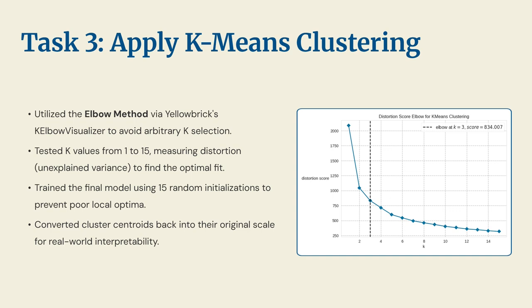arbitrarily choose. It tests the k values from 1 to 15, which is an arbitrary upper limit, but you can see that it measures the distortion, which is unexplained variance, to find optimal fit at k.